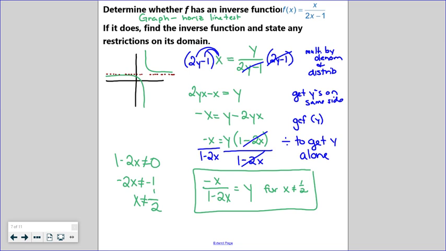As long as your numbers are correct, if your signs are exactly opposite, you're fine, because all that's happening is you simplified out the negative that's there. And that's okay. The other thing I want to point out is, on this one, if I did that, our inverse is the exact same thing as our original function.